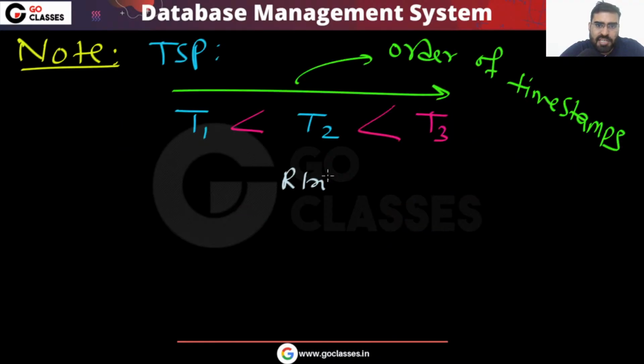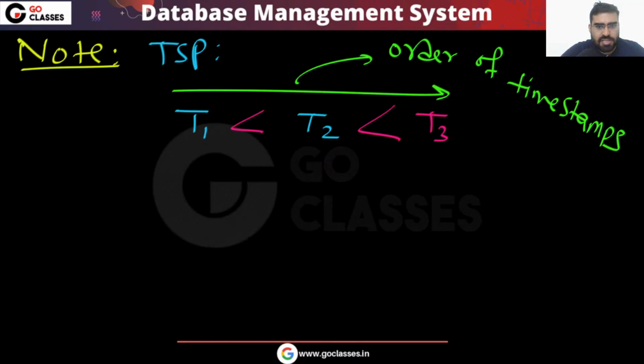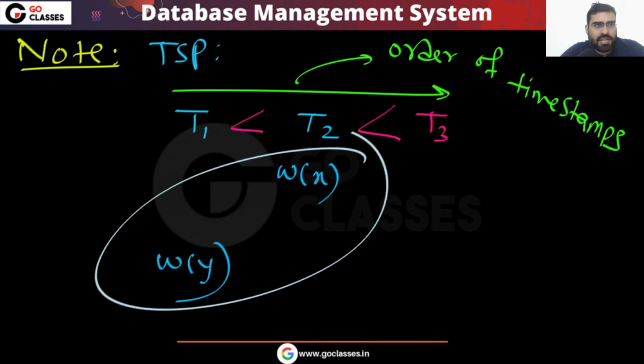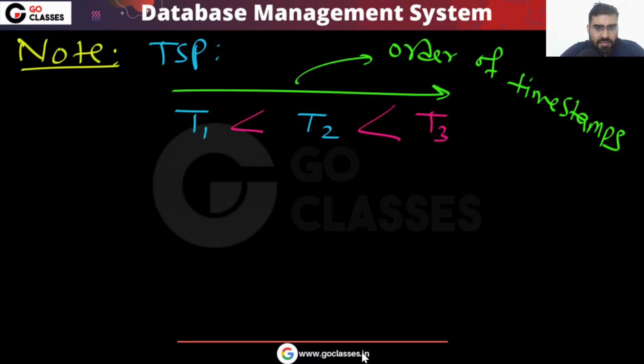For example, this is reading X, then this is reading X. There is no problem, because this is not a conflict pair. For example, this is writing item X and this is writing item Y. This is also perfectly fine because these are not conflict pairs.